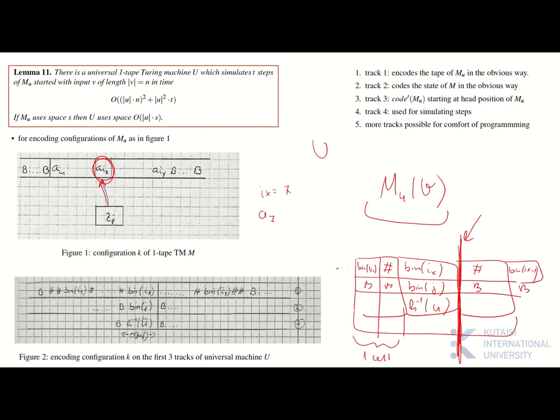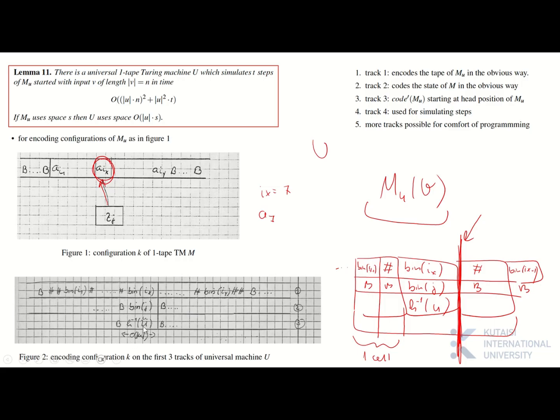To simulate M on input V, I have to know what M is, what V is, right? So first, on the first track, I write V in the beginning. So I put the input of the machine that I'm trying to simulate. On the second track, I'm keeping track of where the head of M is moving.